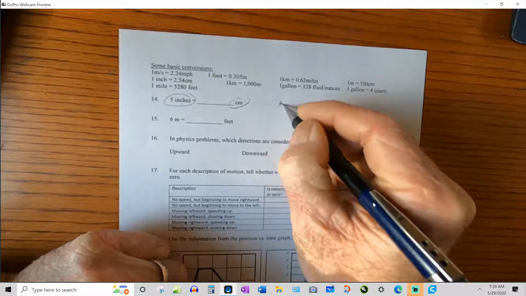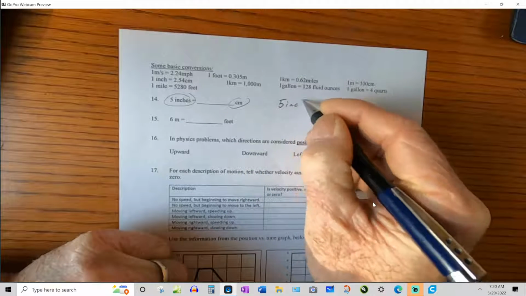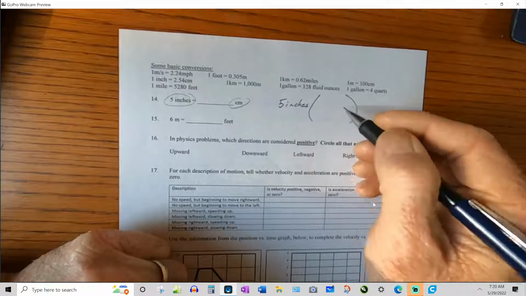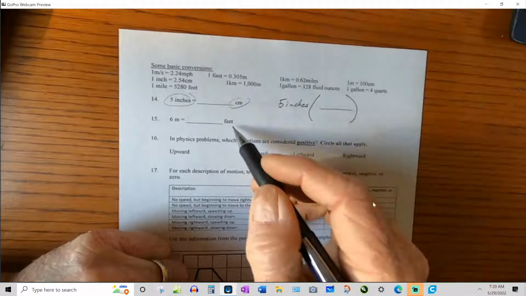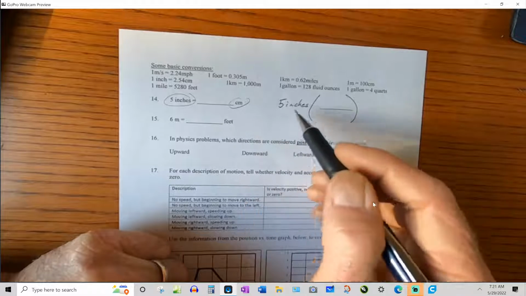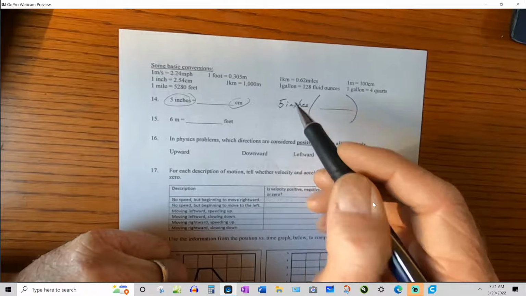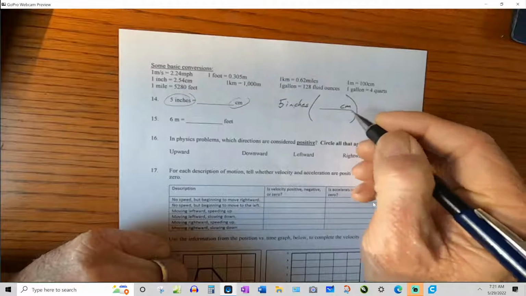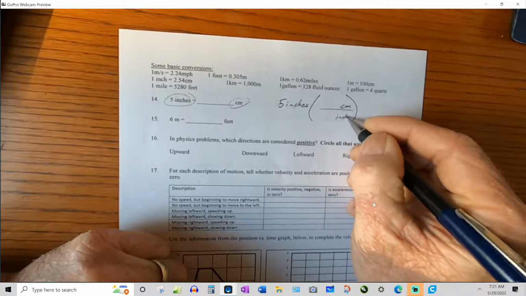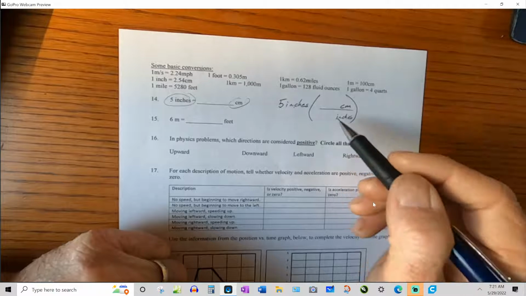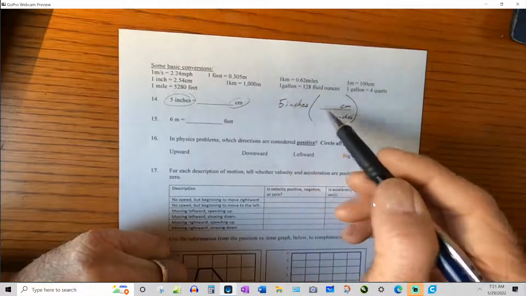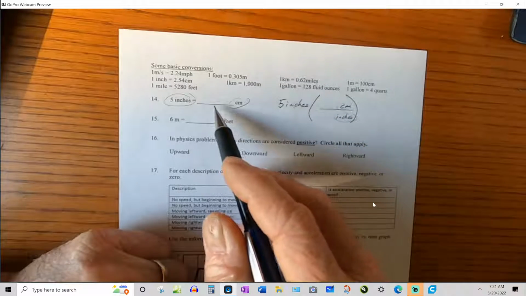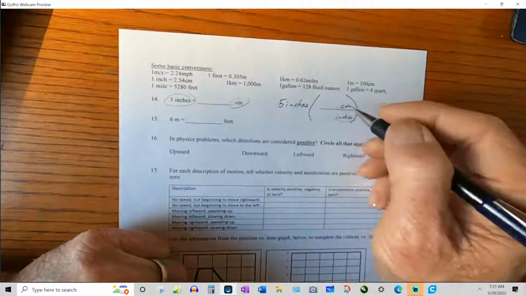So I'm going to write 5 inches and then I'm going to multiply that by a fraction, and the fraction needs to cancel out inches and it needs to leave me with centimeters. So centimeters needs to be on top and inches needs to be on the bottom. So I can just look up here and find the relationship between inches and centimeters. 1 inch is 2.54 centimeters.